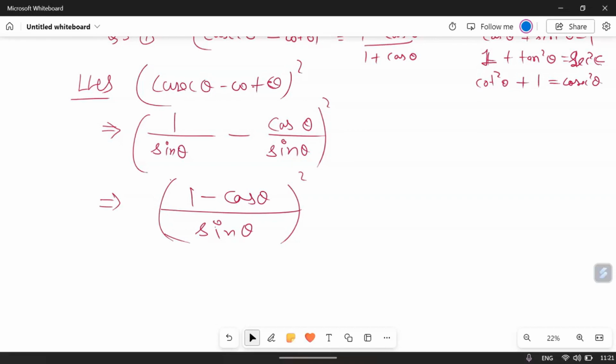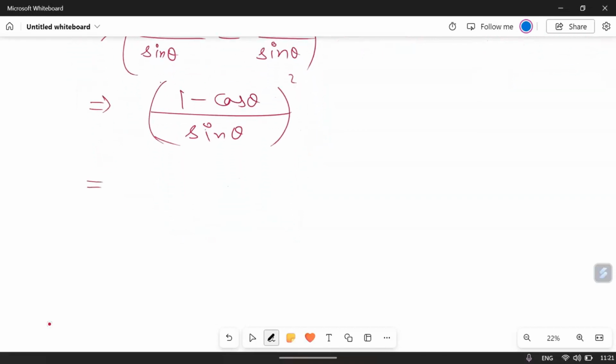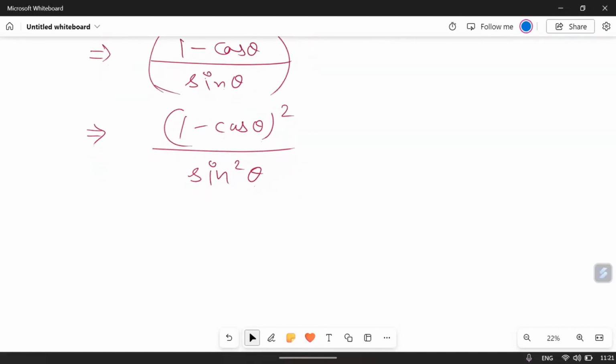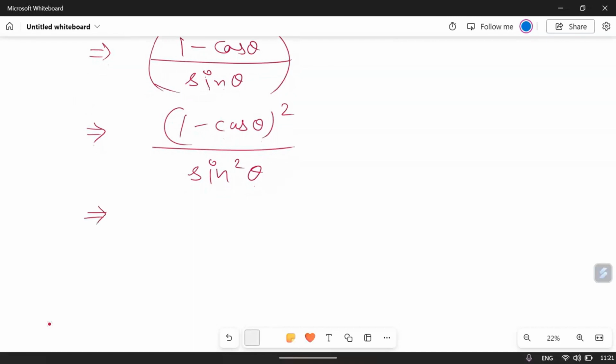Now we can separate the square. How can we separate the square? This square goes on every part, like (1 minus cos theta) whole square, and sine will become sine square theta. Since above it is 1 minus cos theta and downward sine square theta, I have a trick to convert using the first identity.